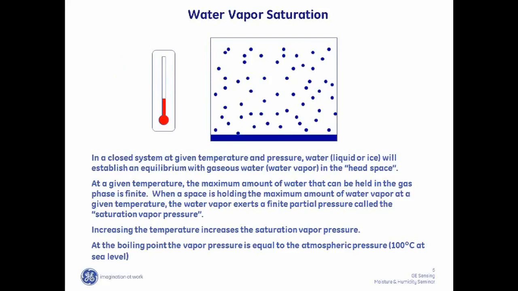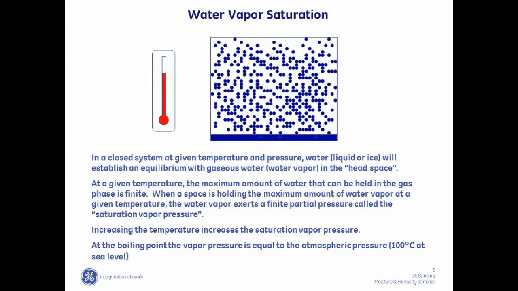If we add any more water to that system, it'll condense out as liquid. Likewise, if we increase the temperature, we'll increase the amount that the space can hold. So as you increase temperature, you increase the amount of water that a given space can hold in the gas phase. And when it's holding its maximum amount, it's said to be saturated.